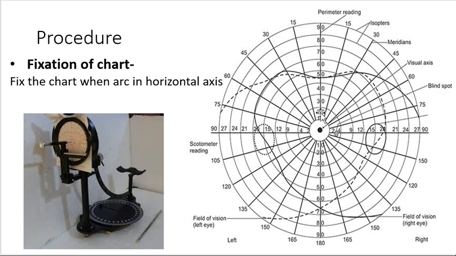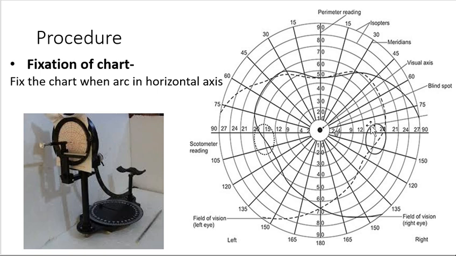This is the perimetric reading. On the other hand, you can see there are other readings also, which are basically scotometer readings. Scotomas are what we see whenever we have a lesion in the visual pathway. So these are the scotoma chart; we don't have to concentrate here, we just use the perimetry reading.